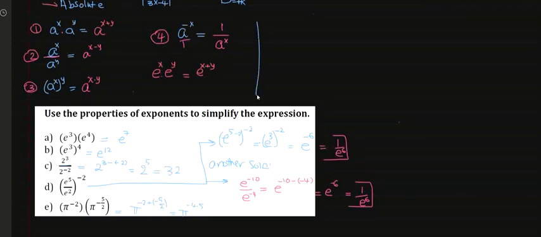Now let's have a look over the logarithmic properties. If we have the ln or the logarithmic of a product, of a quotient, and finally of an exponent, x raised to the power of n.